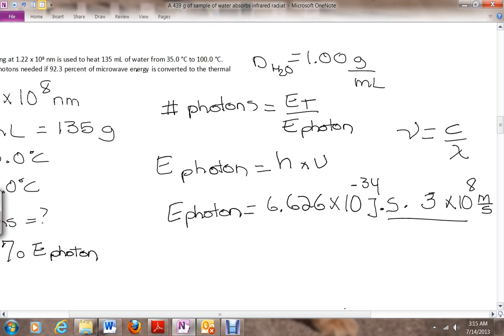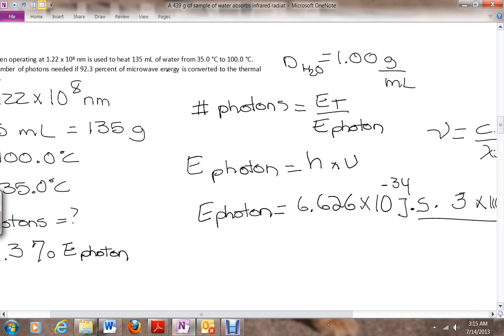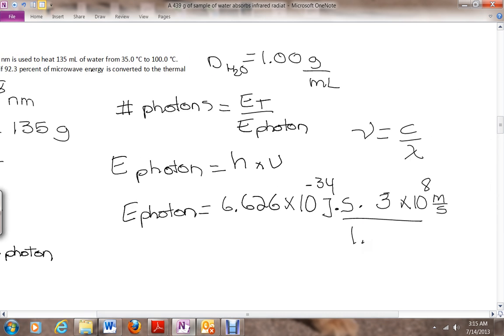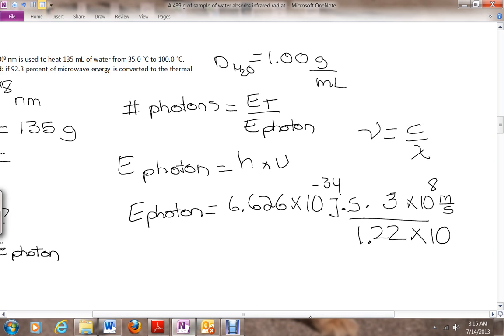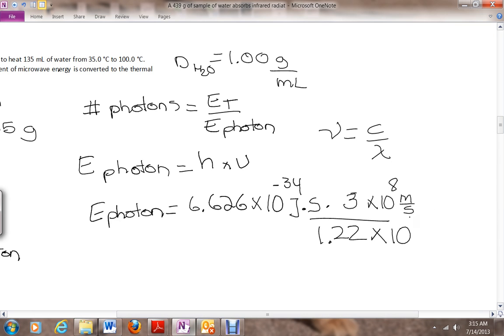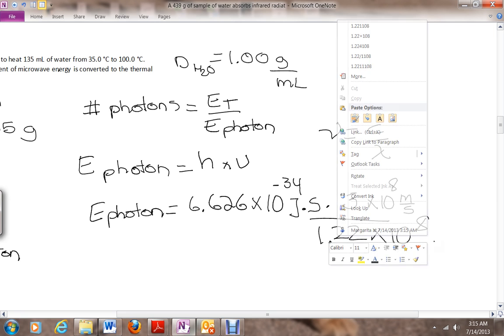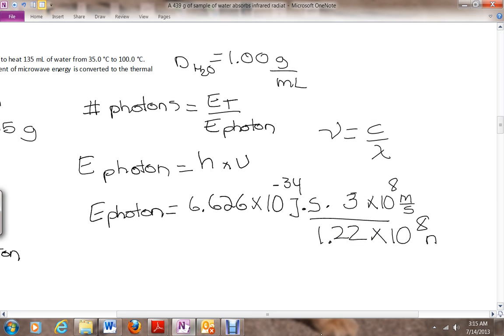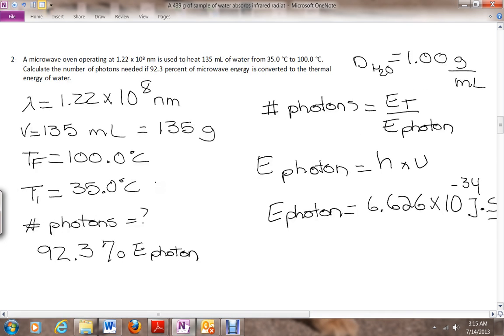And our wavelength here is easy, 1.22 times 10 to the 8. But here we have to convert it to meters. So we multiply by 10 to the minus 9, and this would be meters per nanometer.